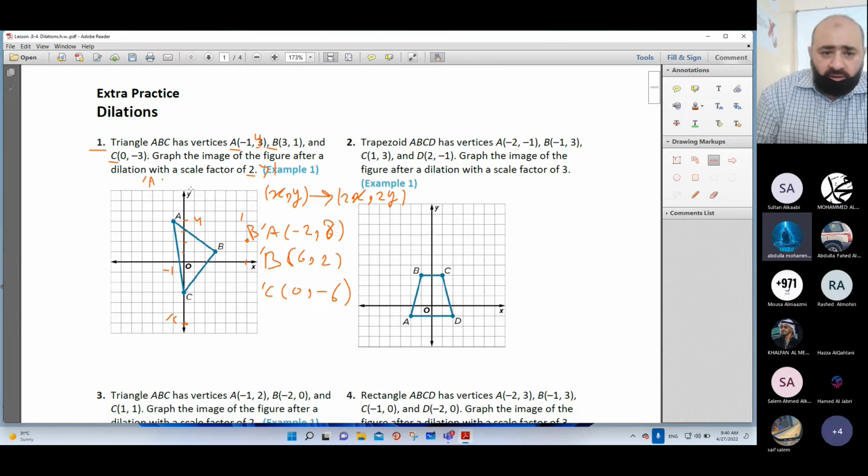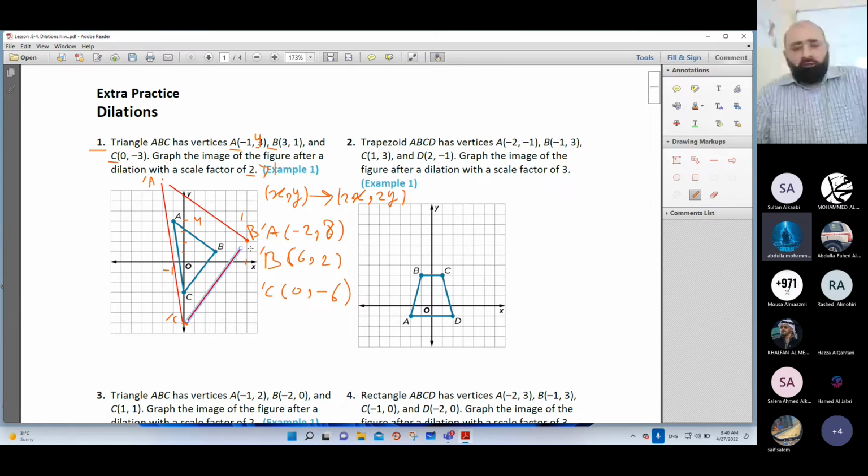And then we can match between the points. We will get here the image.